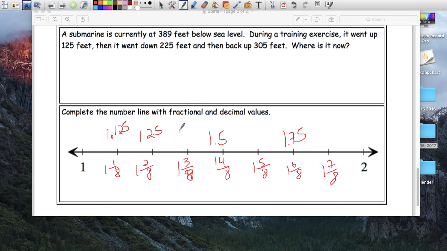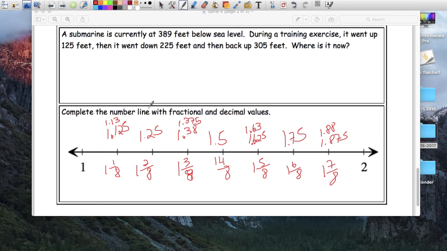You can write 1.375 or 1.38 if it's rounded. 1 and 5/8 is 1.625 or 1.63 rounded. 7/8 is the same thing as 1.875 or 1.88, if it's rounded.